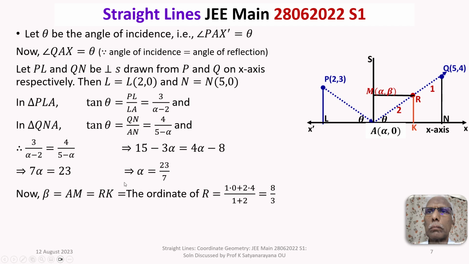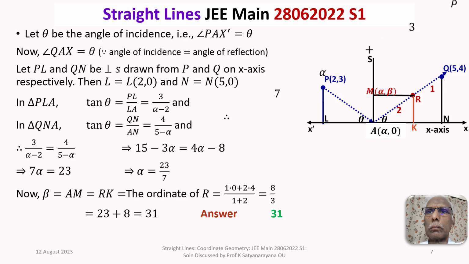Thus we got alpha as 23 by 7 and beta as 8 by 3. Then 7 alpha plus 3 beta: 7 alpha is 23 and 3 beta is 8. So 7 alpha plus 3 beta is equal to 23 plus 8, that is equal to 31. That is the answer required for this question.